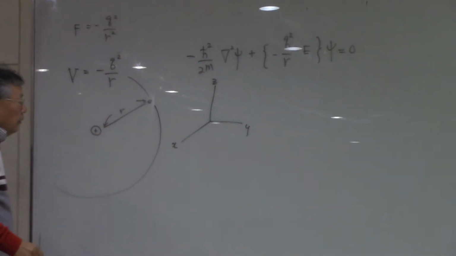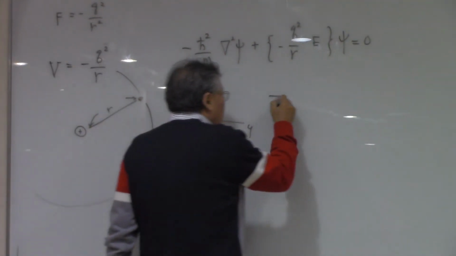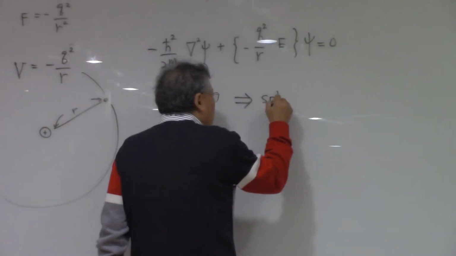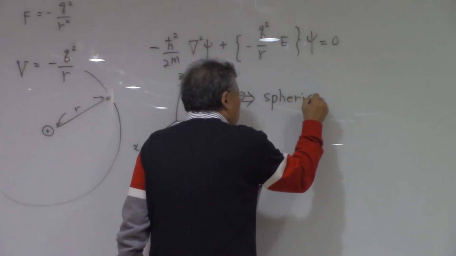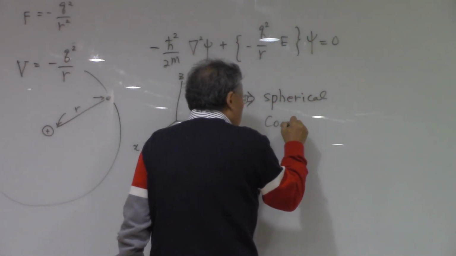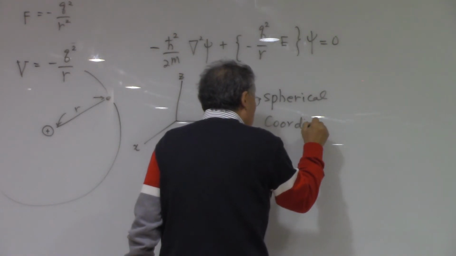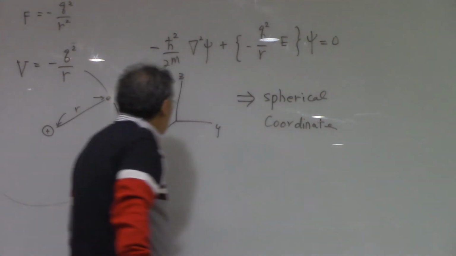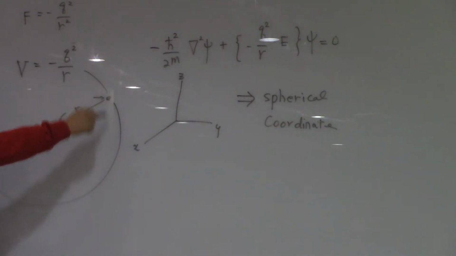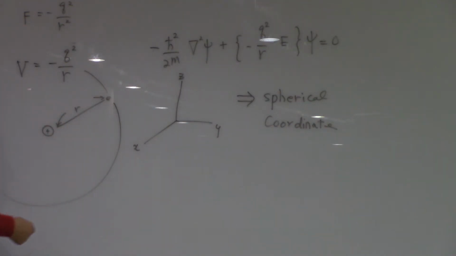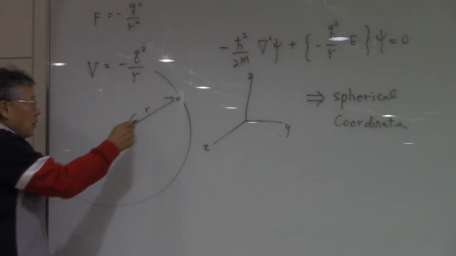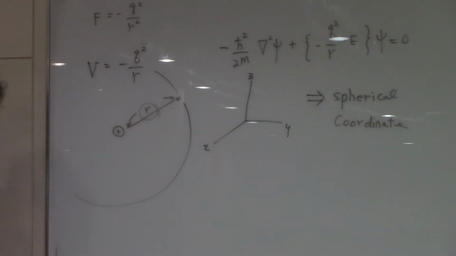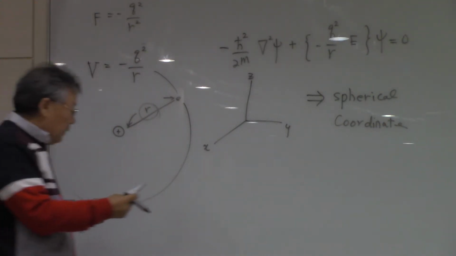So we want to use a spherical coordinate, because the energy of the electron is only a function of the distance r in this case.